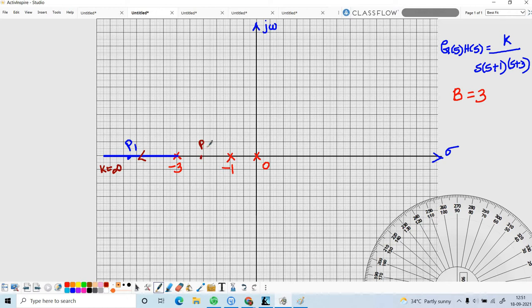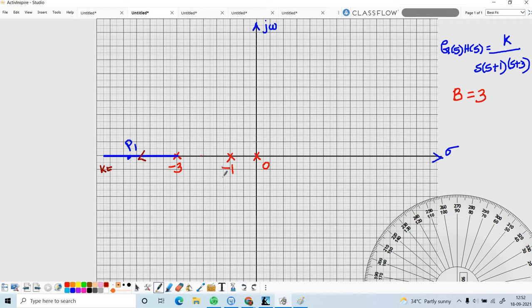Next, I am going to consider another point P2. Here, is the number of poles to the right of point P2 odd or even? Even. So there is no root locus between -3 and -1.